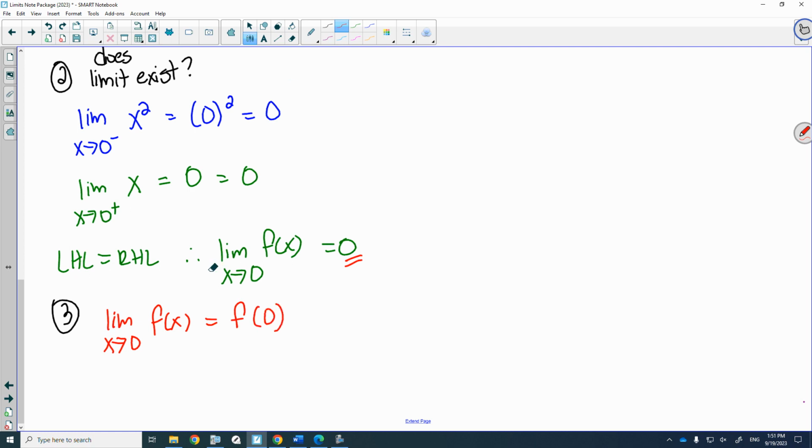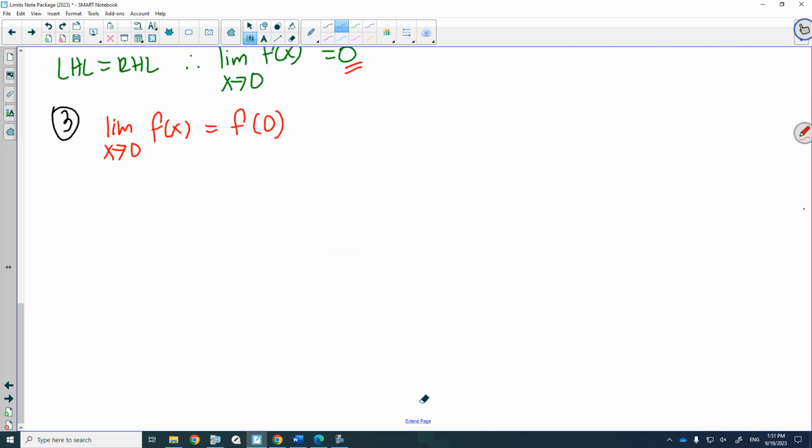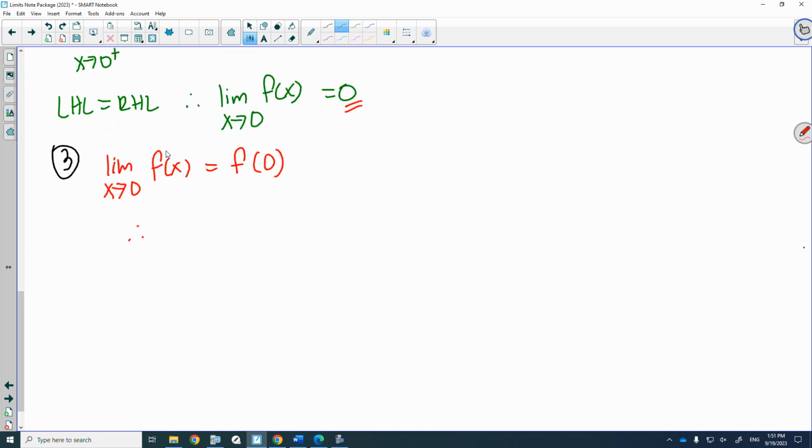These two gave us the same answer, so the limit equaled the point. Therefore, our concluding statement is all three of these are true. Then what that means is the function is continuous at x is equal to 0.